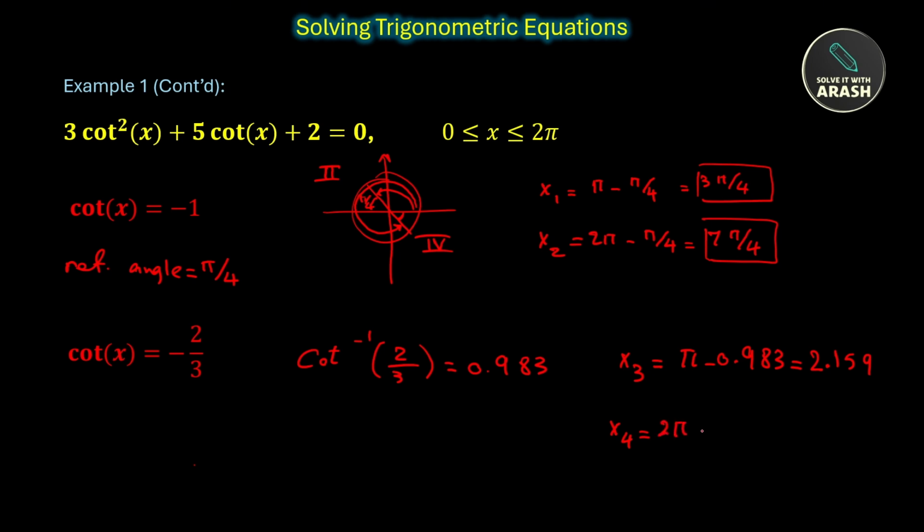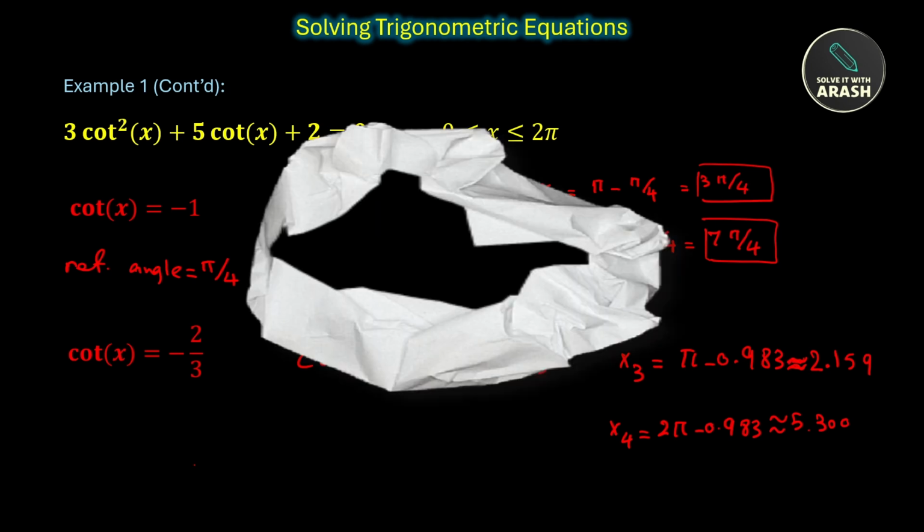So 2 pi minus 0.983, again using pi equals 3.14. The answer is approximately 5.300 rounded to 3 decimal places. For x3 also I need to use the approximation sign because we approximated it to 3 decimal places.